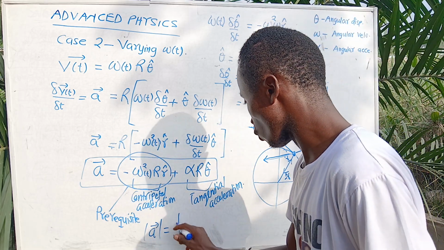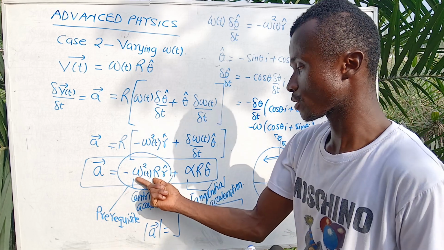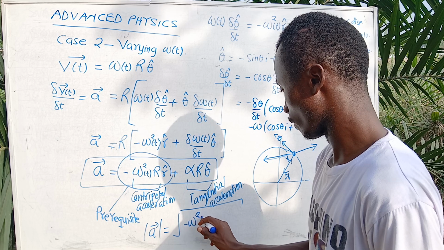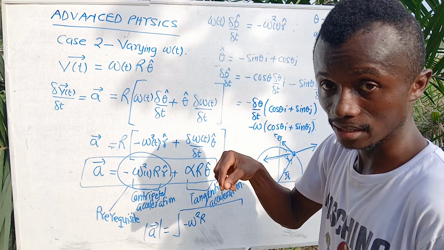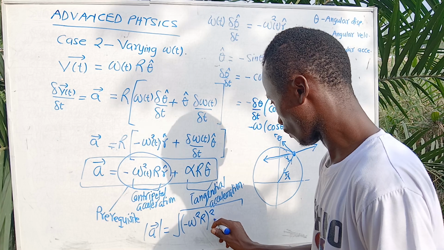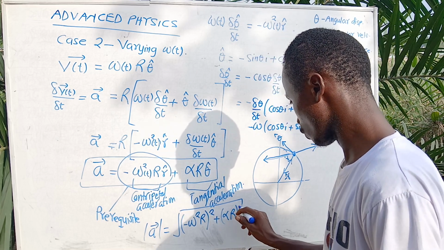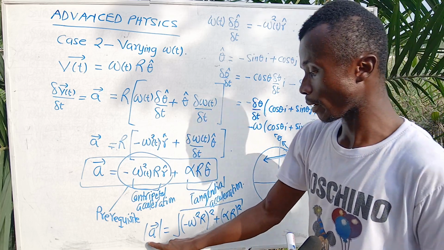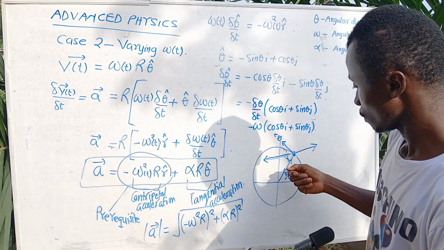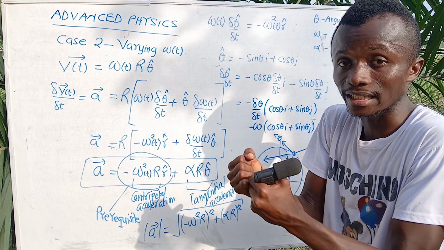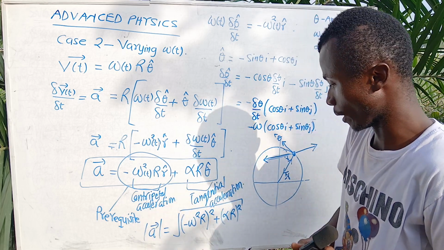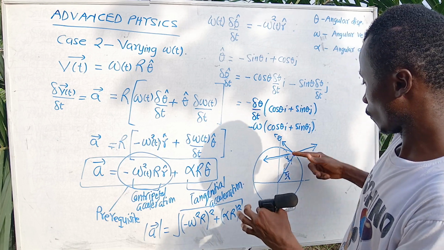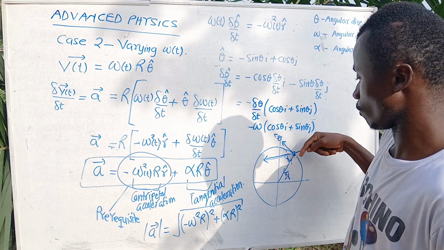So it will be equal to the square root of negative omega squared r at that point in time, squared, plus alpha r, squared. That will be the magnitude of the net acceleration. Multiply by the mass, which will be the next episode, force, and you get the force at which you have to hold the chain to cling to it, so you save your life. And the direction is the oblique direction of both theta roof and negative r roof.